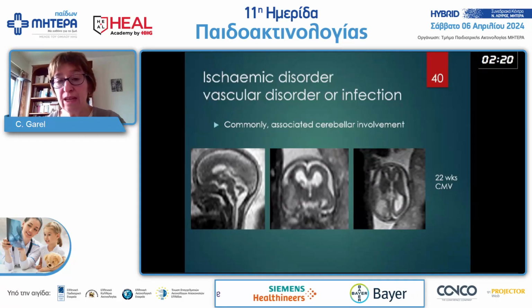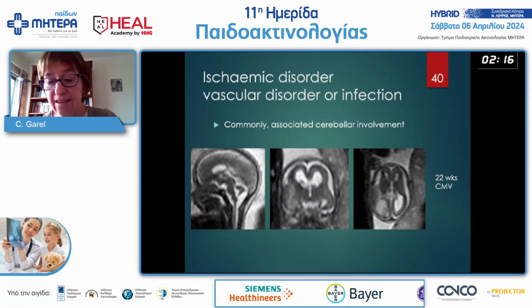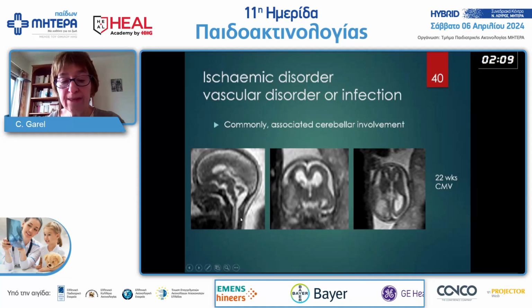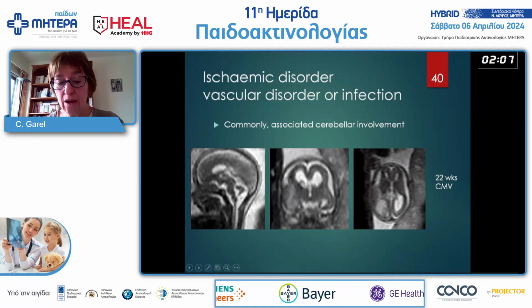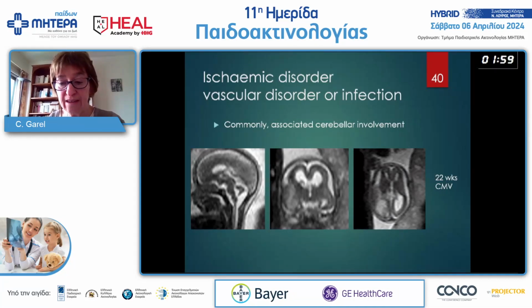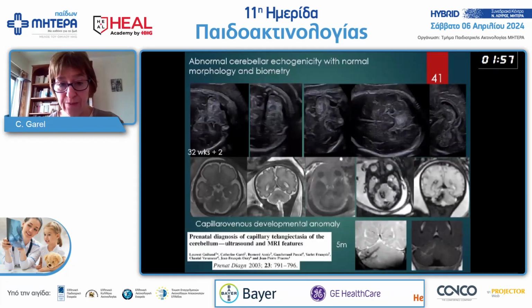As we have already said, ischemic disorder, for instance in the setting of CMV, may be responsible for a small pons and brainstem, and also a small cerebellum, and cerebellar hypoplasia is a finding that may be observed in the setting of CMV infection.